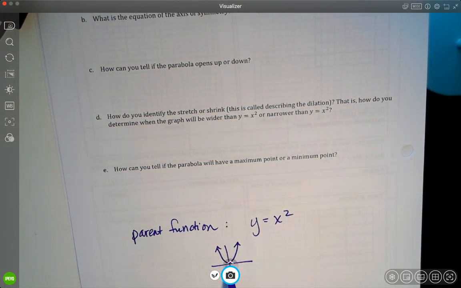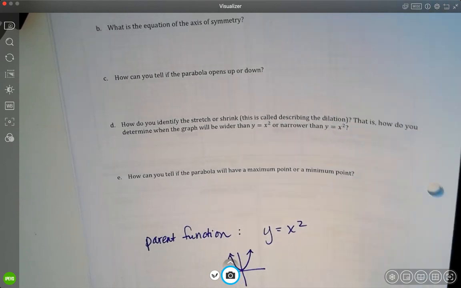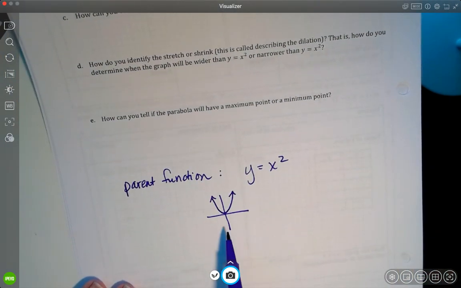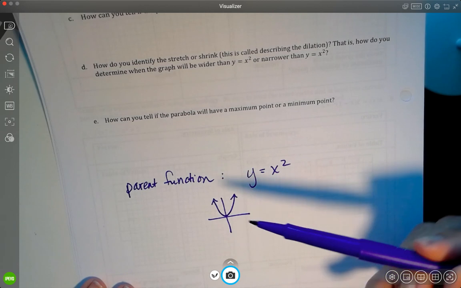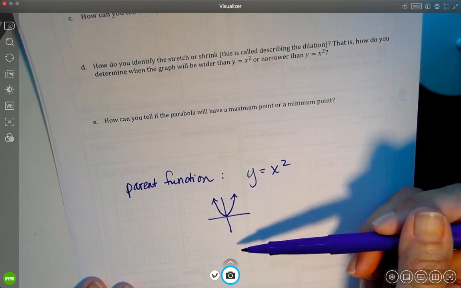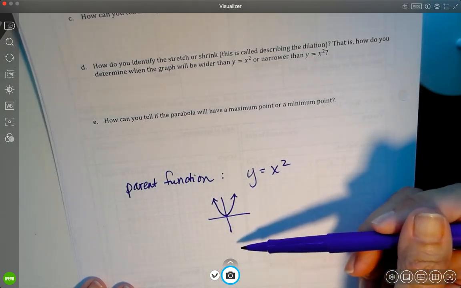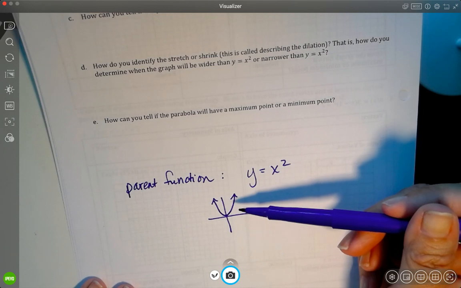And so if you understand what the parent function looks like, then we're going to discuss how vertex form shifts this parent function up or down or left or right, makes it more narrow or wider, or it can also flip so that it opens down and it has a vertex that's called the maximum.